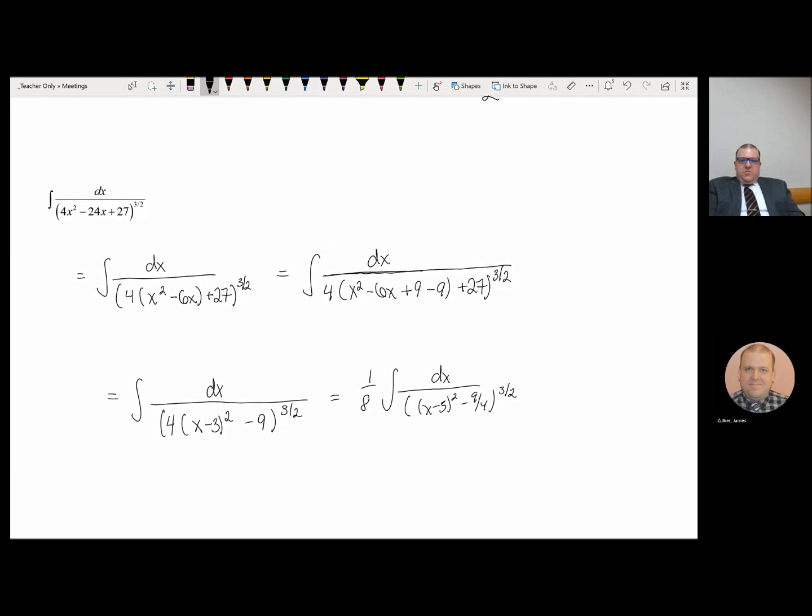I agree with the square root cubed. Do not agree with factoring out the 9/4 because that is a squared, right? So that's fine. You sub. What's u? X minus 3. Let u be x minus 3. Then you have square root of u squared minus a squared, which is one of the three forms.